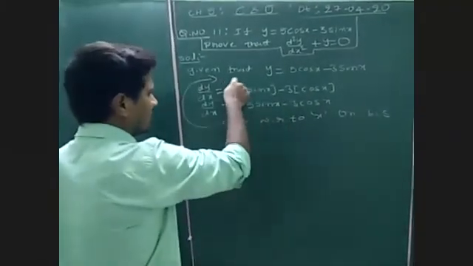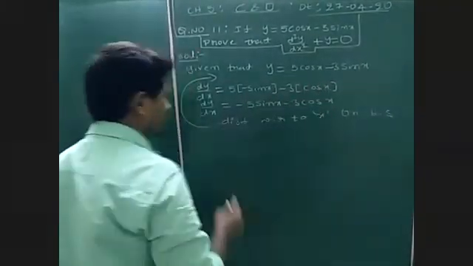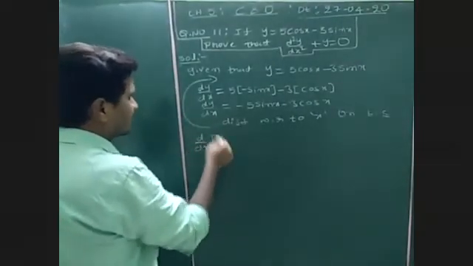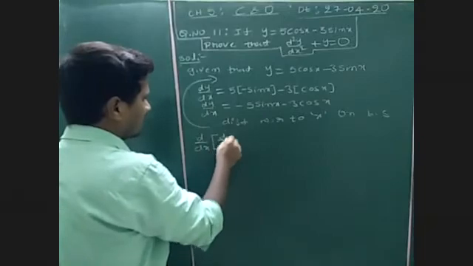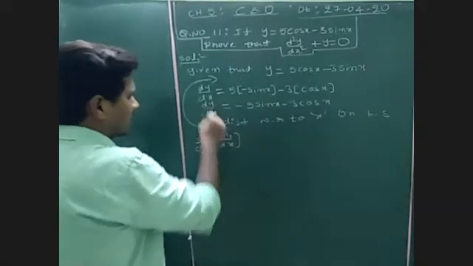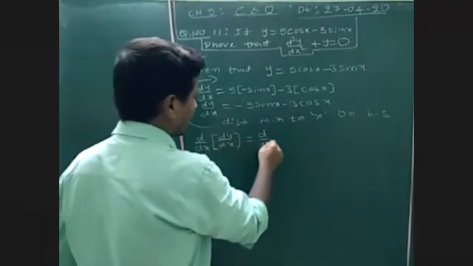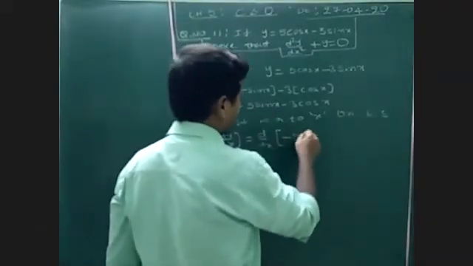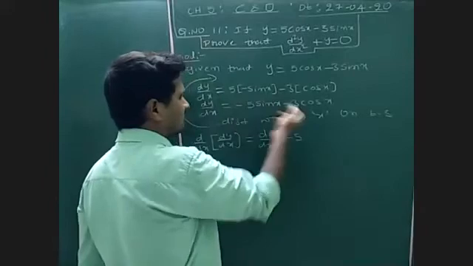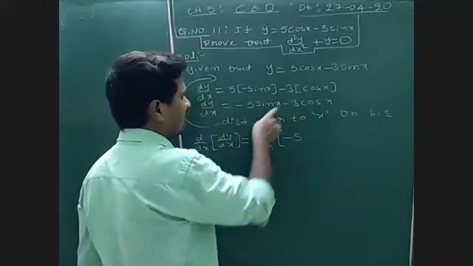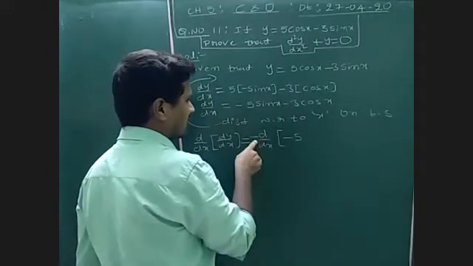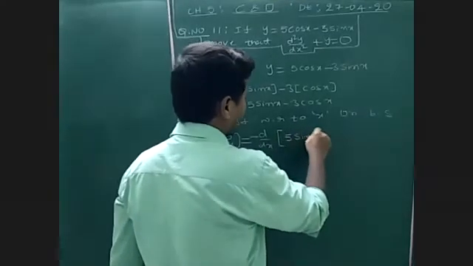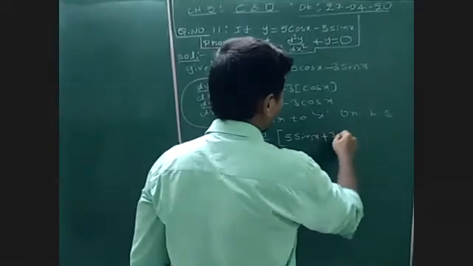Here also we can write the same. Then d by dx of the left side is dy by dx, this is equal to d by dx of the resulting value. It's better to take minus outside. If I take minus common, we write minus, and the remaining value is 5 sin x plus 3 cos x.